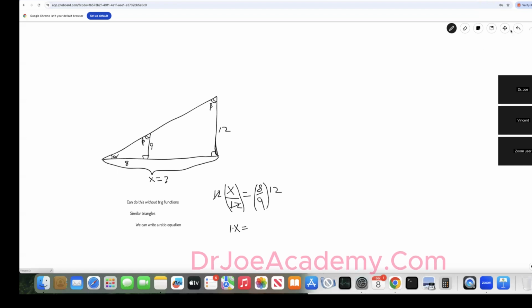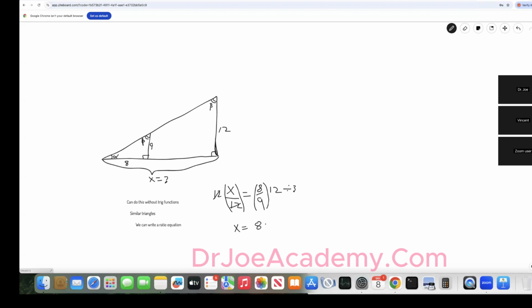So 1x equals 8 times 12 over 9, which simplifies to 8 times, if we divide this by 3 and divide this also by 3, then it's going to be 4 over 3.